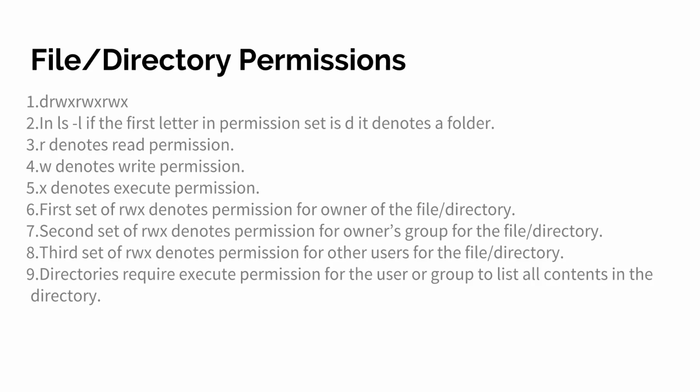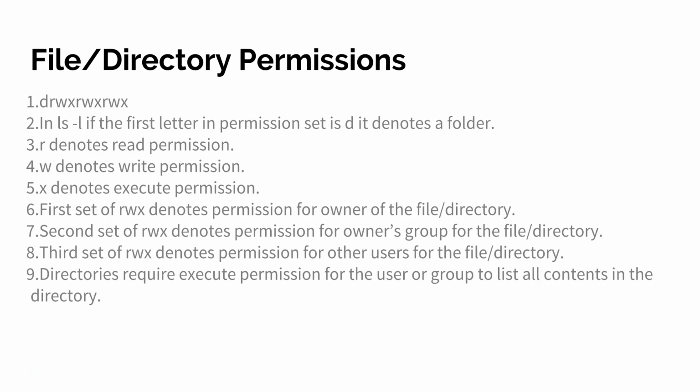We will also see the permissions in detail, but this is how the permissions are designed in Linux. If the first flag is set to d, it means it is a directory, not a file.